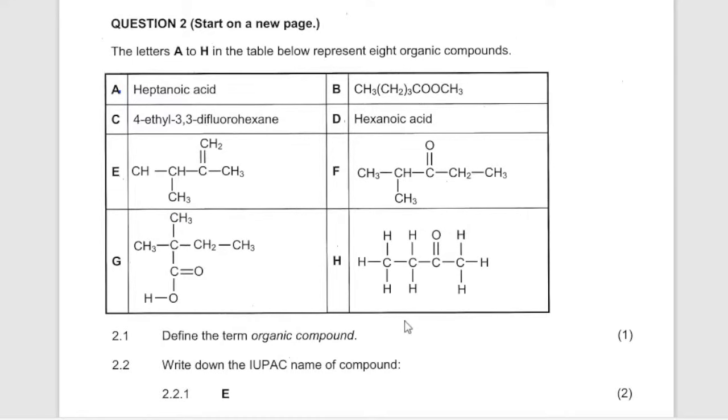If it's more than one, they must be linked to one another. That's because the carbon atom has the ability of catenation, joining one carbon atom with another and forming a long chain. It's one of the good properties of carbon. So basically that's an organic molecule.